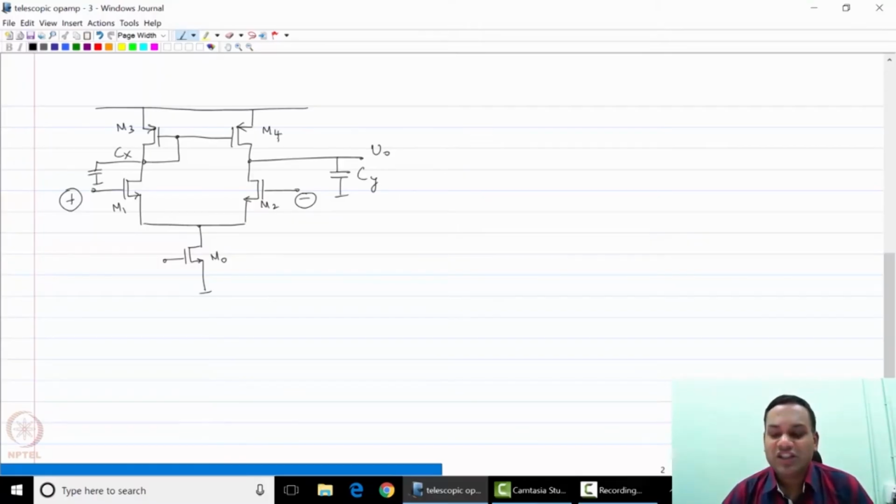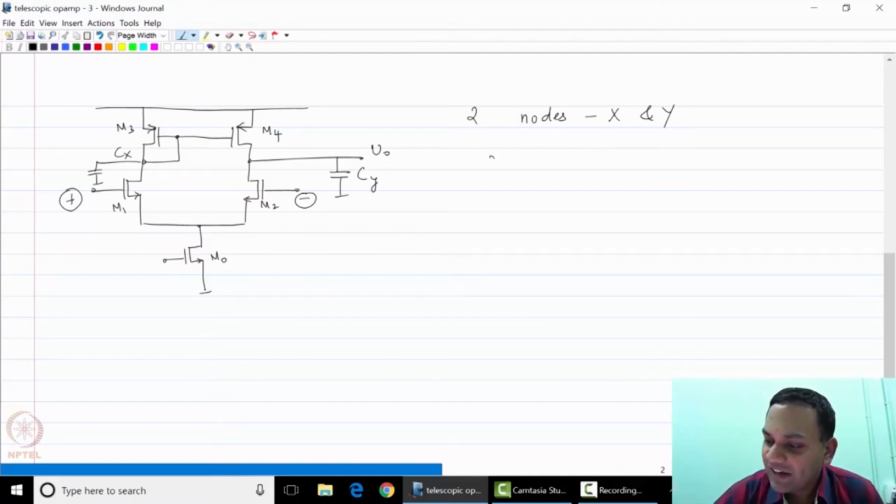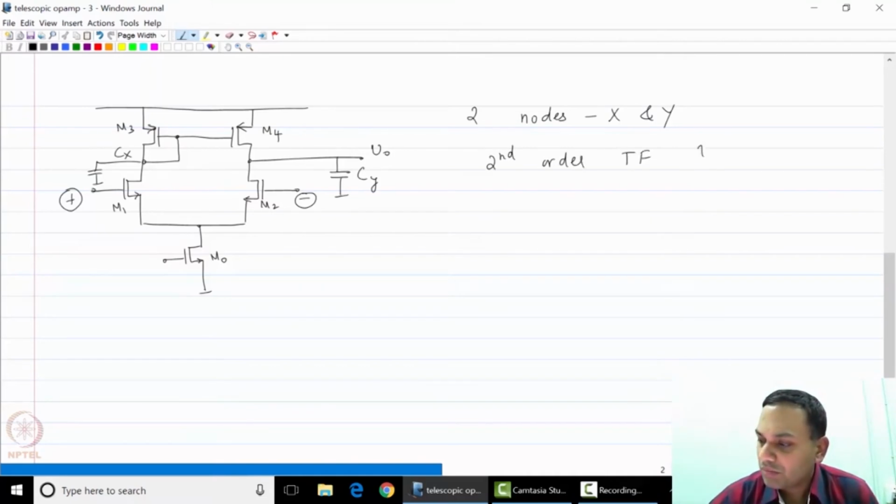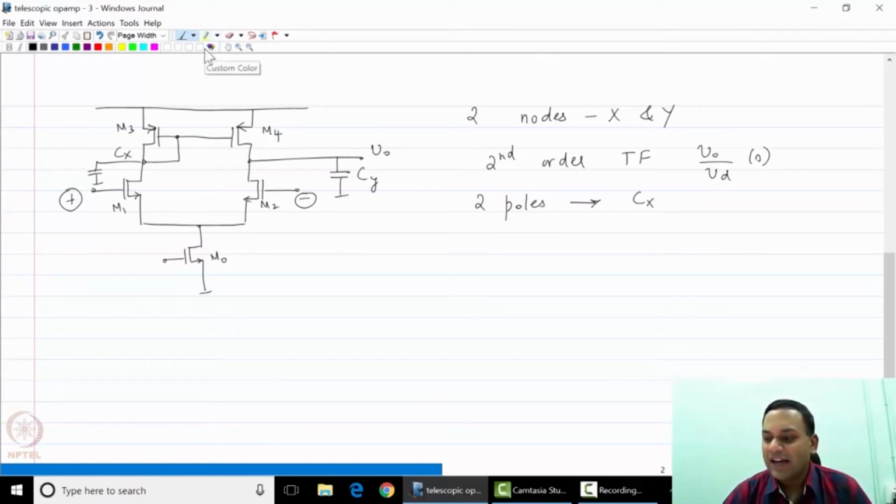So if we look at the analogies between the two-stage op-amp and the one-stage op-amp, the one-stage op-amp had 2 nodes X and Y, and therefore it had a second order transfer function. So its gain had 2 poles corresponding to nodes x and y. So they depended on Cx and Cy.